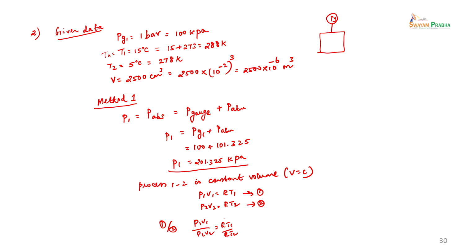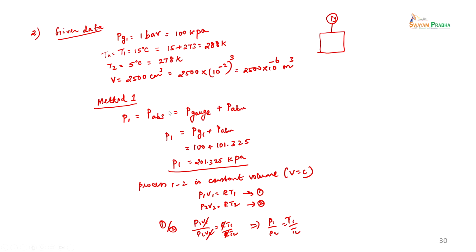The R term will get cancelled. Volume term also will get cancelled because V1 is equal to V2, as the process is constant volume. Therefore, P1 by P2 is equal to T1 by T2, or in other words, P2 by P1 is equal to T2 by T1.